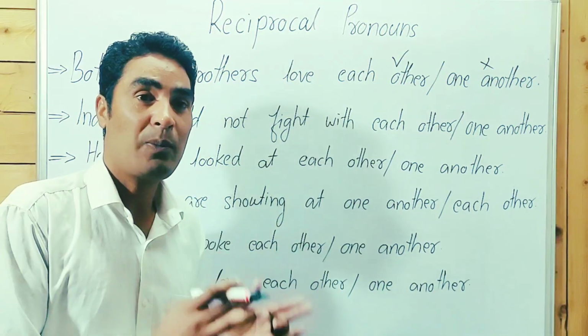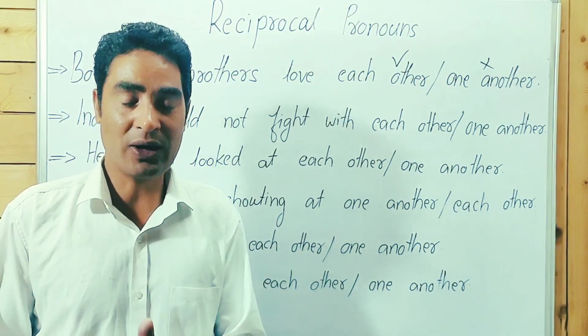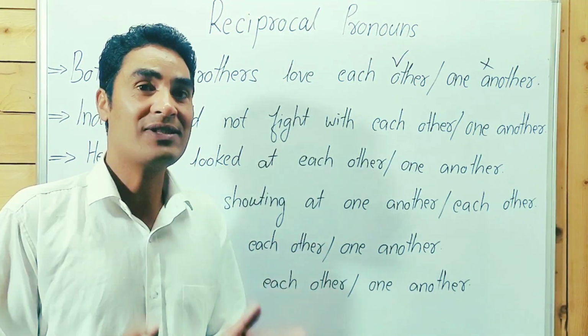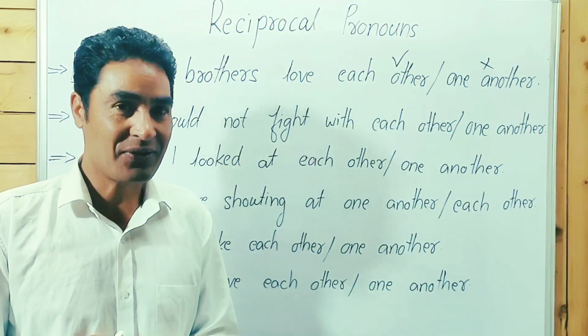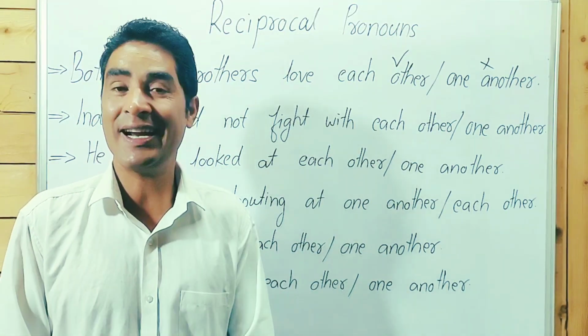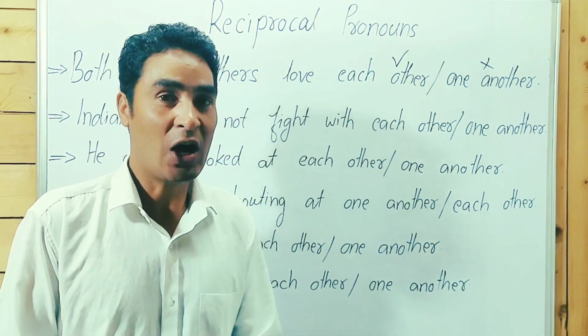We don't say five kilograms mangoes. Five-star hotel, we don't say five stars hotel. If you haven't watched, please go to the homepage of the channel. There is a separate playlist of noun.